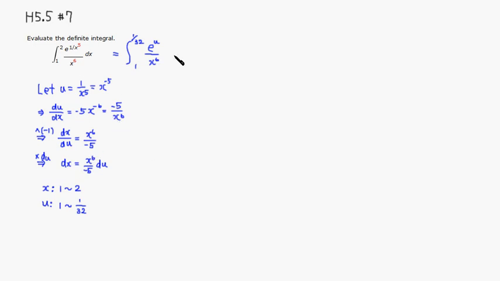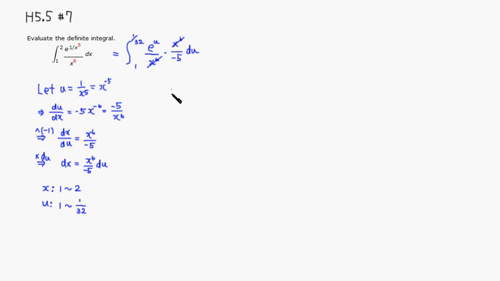Then dx is what we just found, x to the 6 over negative 5 du. You can cancel x to the 6 and x to the 6, so they are gone.